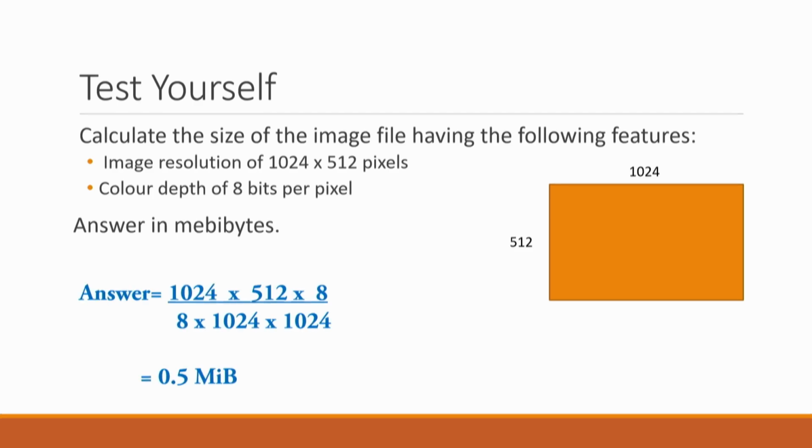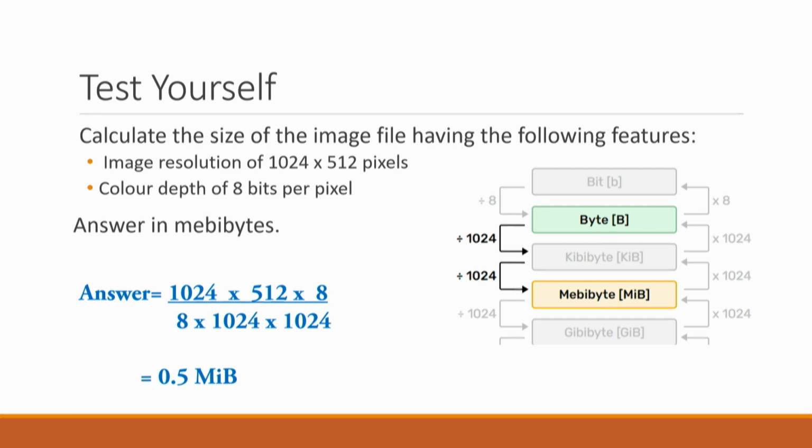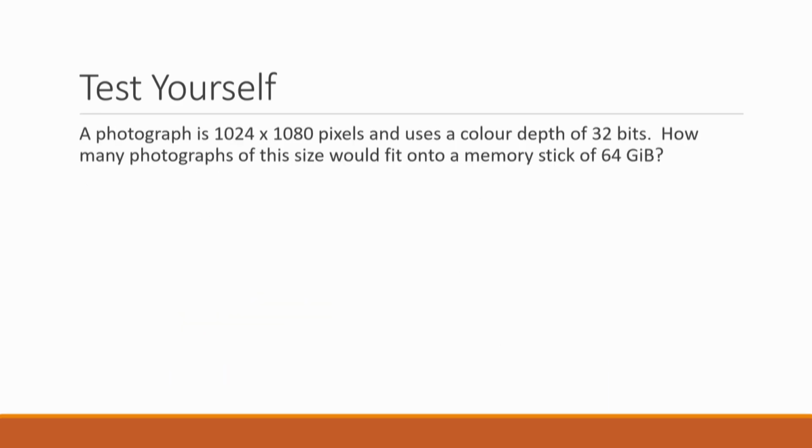Note that 1 megabyte is equal to 1024 times 1024 bytes. Next question. A photograph is 1024 times 1080 pixels and uses a color depth of 32 bits.